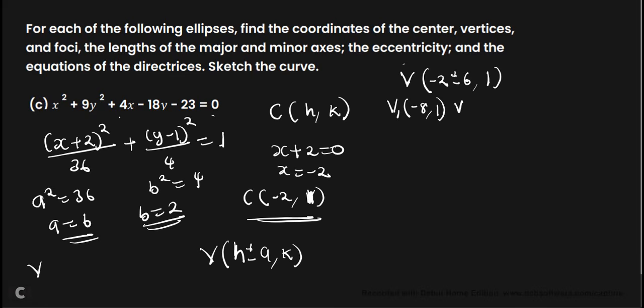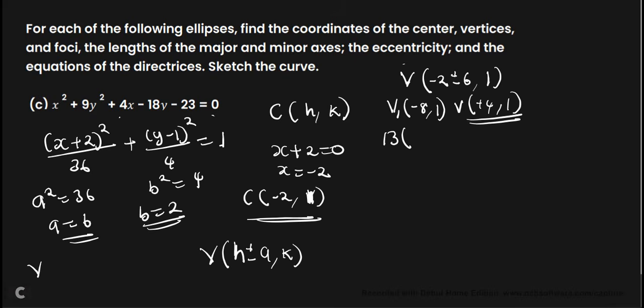Then the other is positive 4, 1. Then b. The b is in the y-axis, so it means that you go to the y-axis, right?